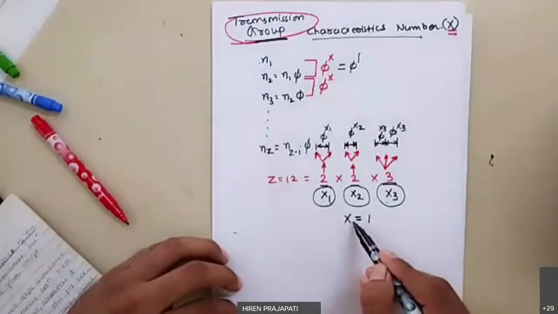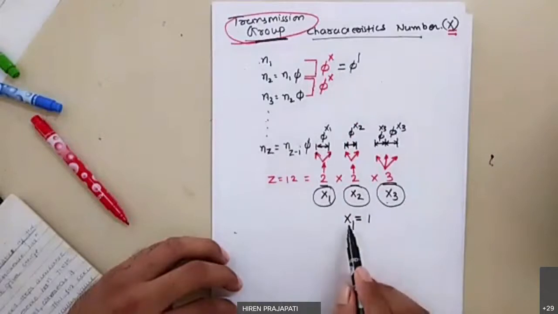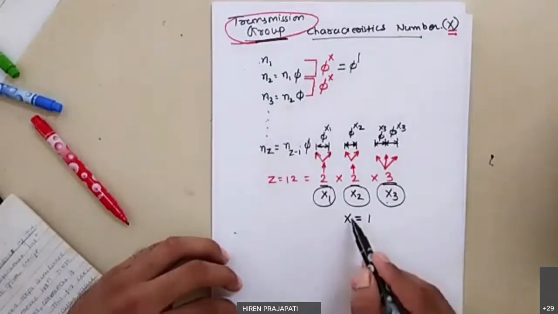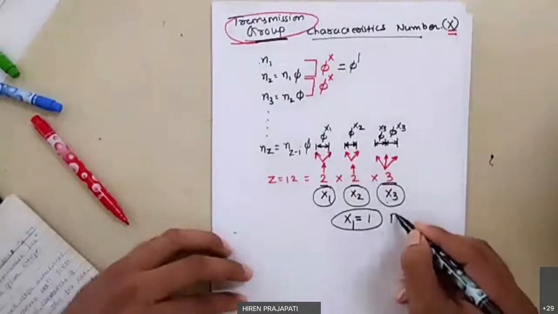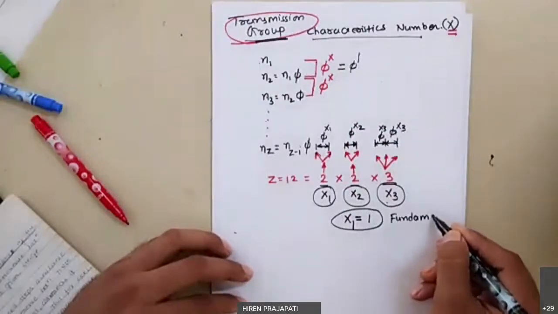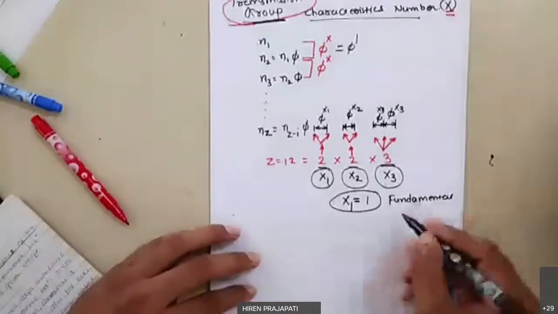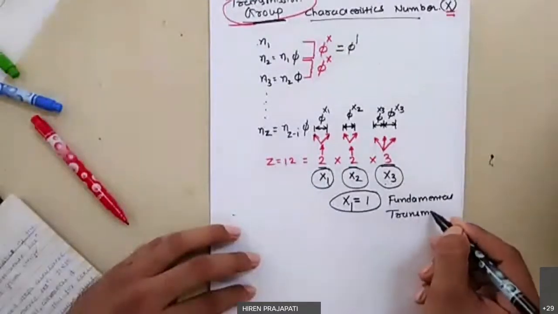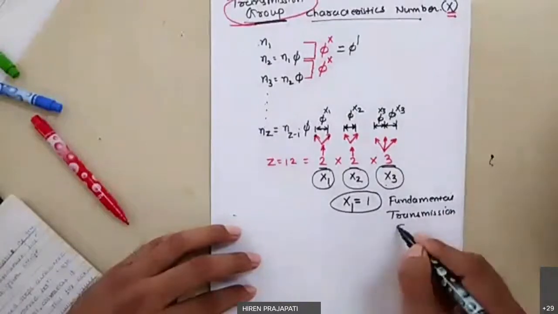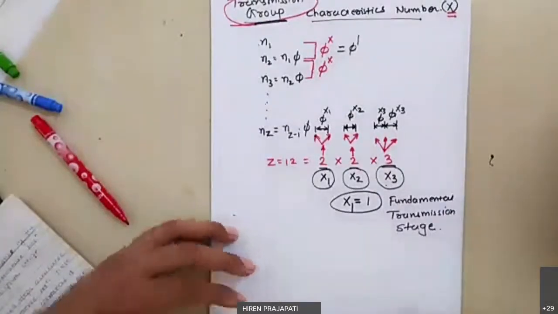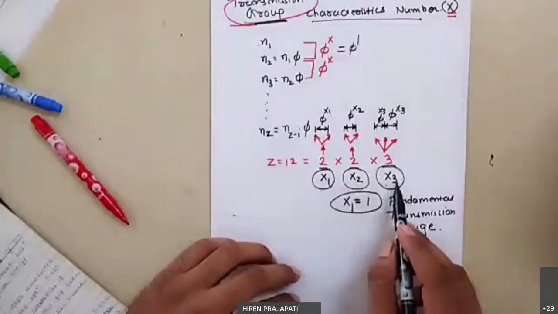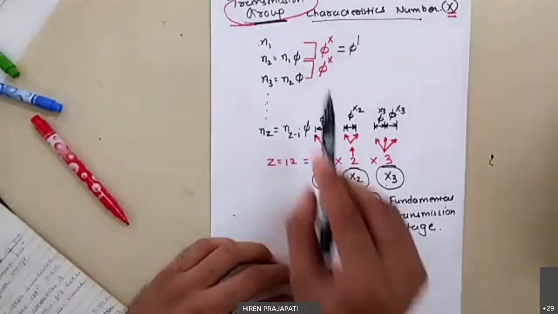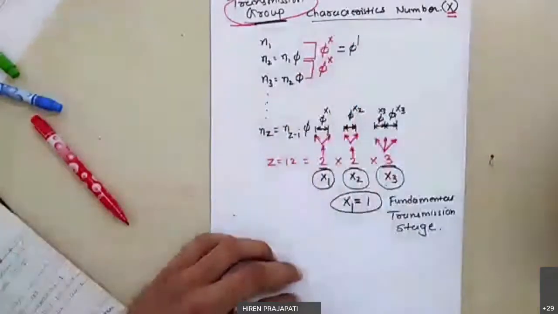And that stage is by default called x1. That particular stage is called the fundamental transmission stage, right? So that is clear. At least out of these three stages, any one stage will have characteristics number as 1.